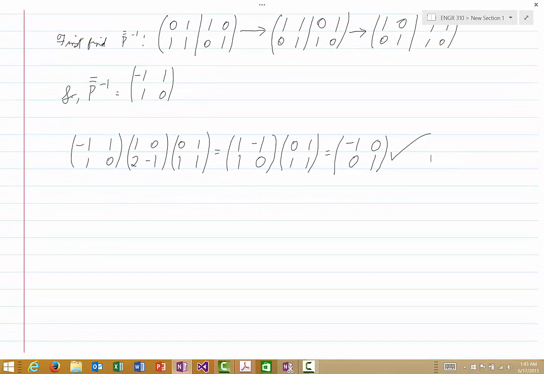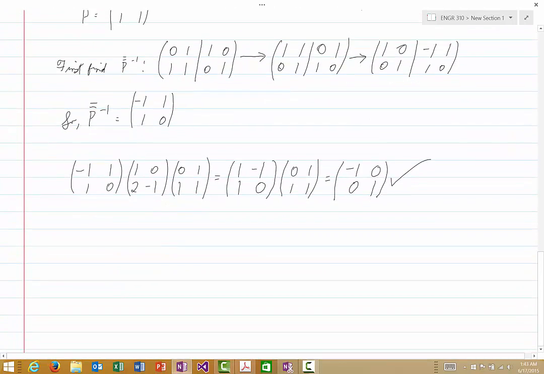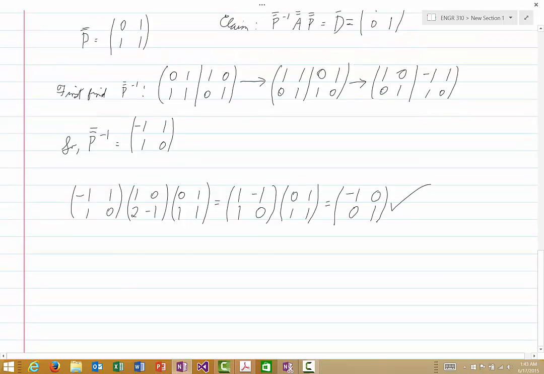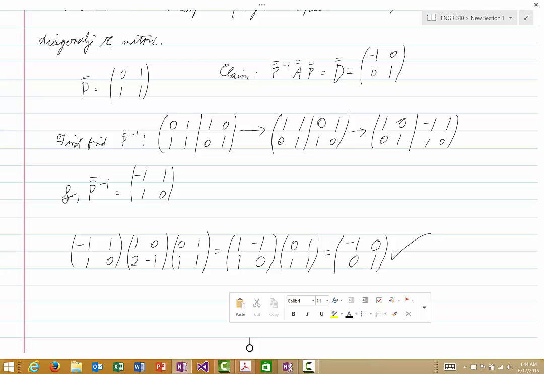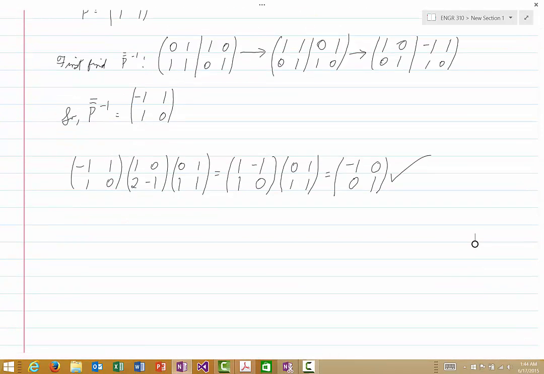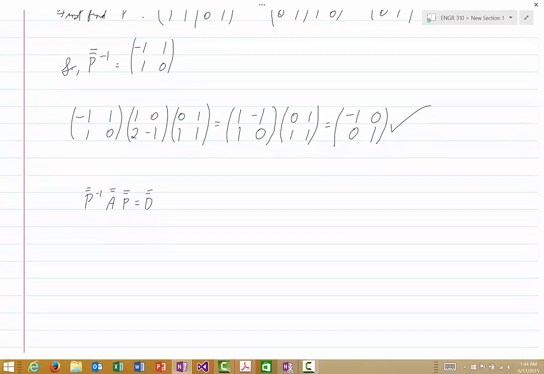Now, one reason that this is handy to know about is the following. Let's take this equation here that we have now verified, at least for this case, P inverse A P is equal to D. You might be wondering why this is useful to know about, but let me show you why it is.